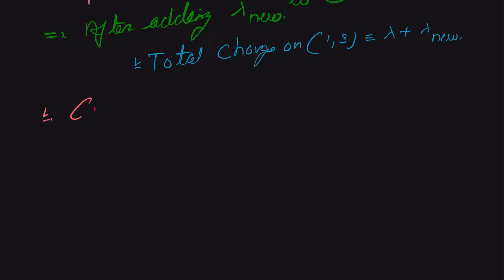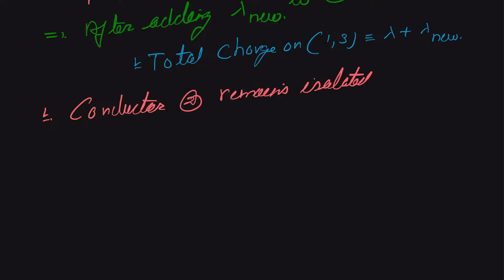So we can say conductor 2 remains isolated with fixed charge, and that is equal to minus lambda.